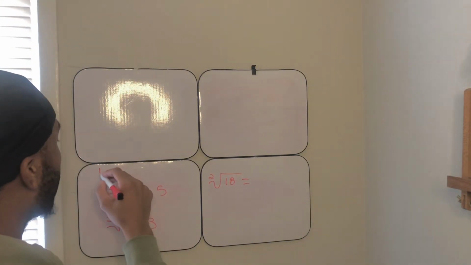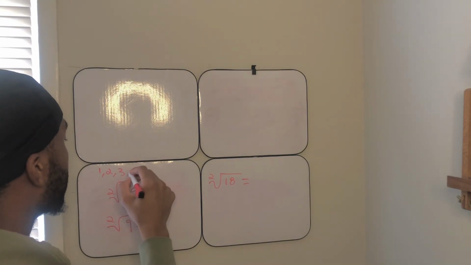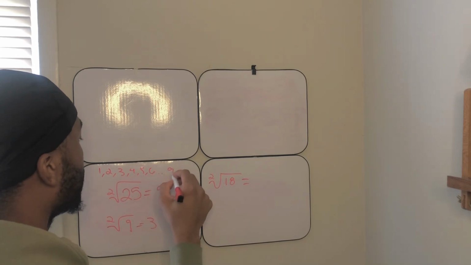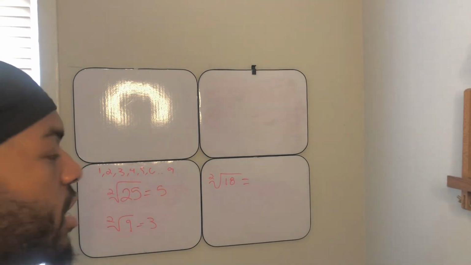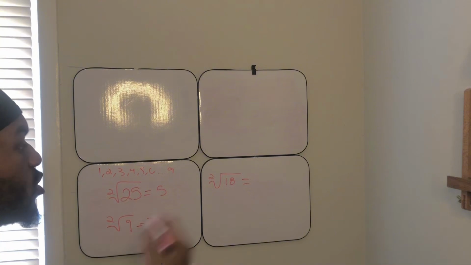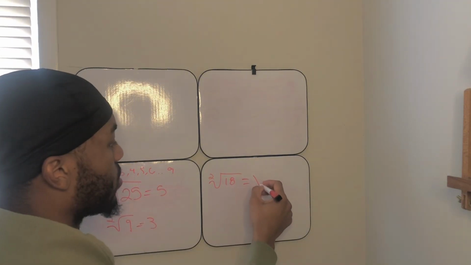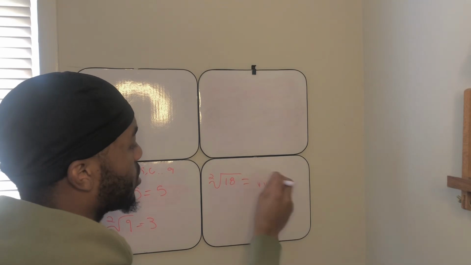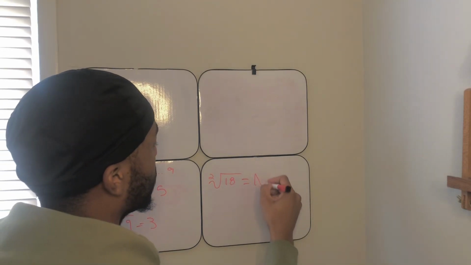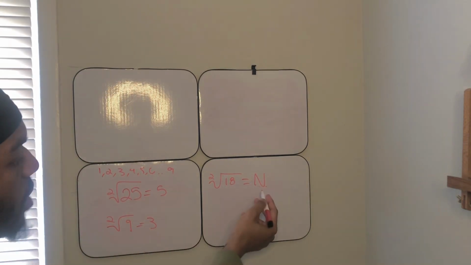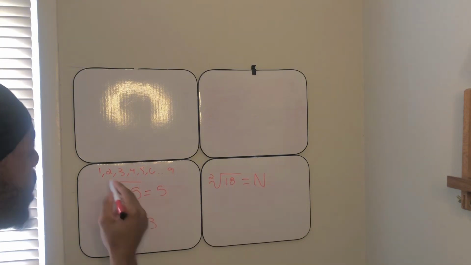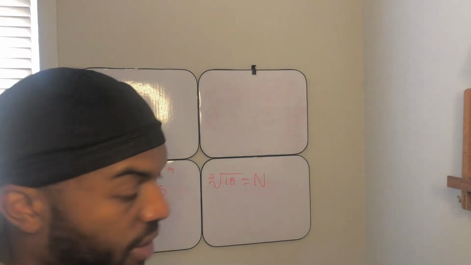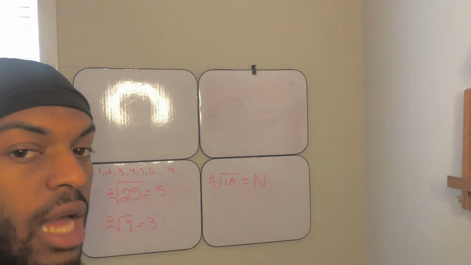It's not going to be like 1, 2, 3, 4, 5, 6, up to 9. This number is not going to be 1 through 9. So the square root of 18 is what we call a non-perfect square.